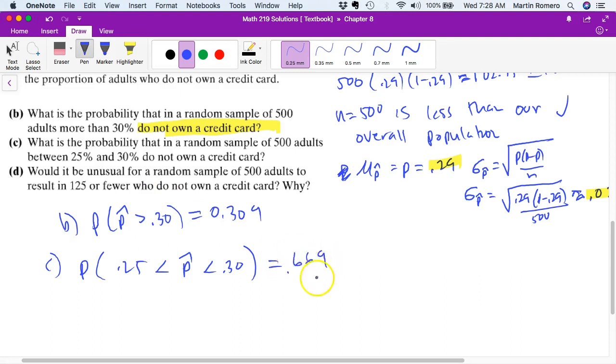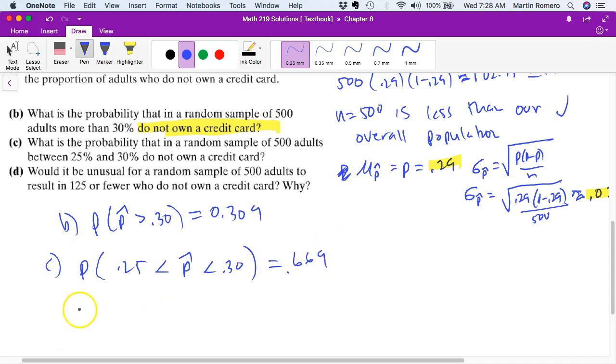So about 66 or 67% of the samples would have adults saying that between 25 and 30% of them do not own a credit card.